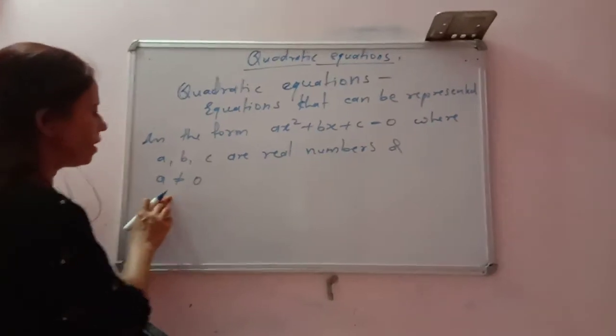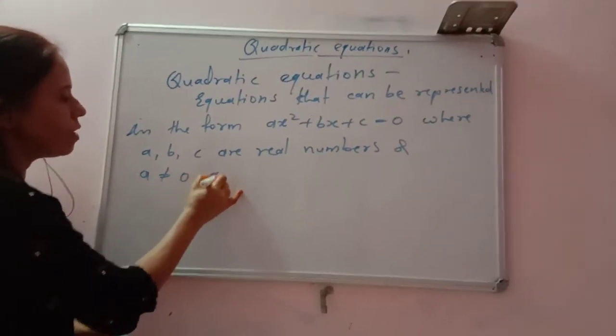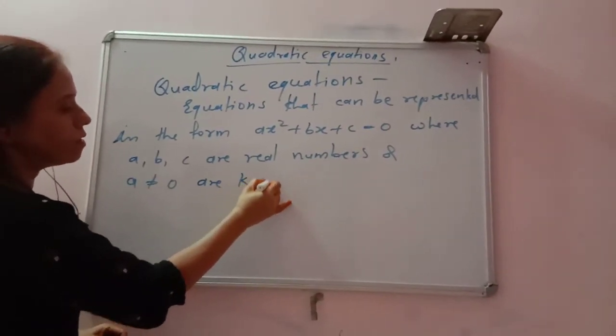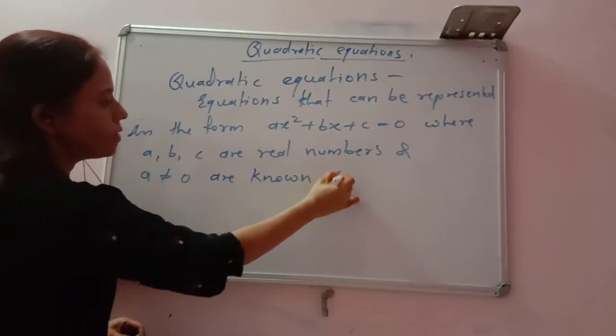Therefore a never equal to 0. These are known as quadratic equations.